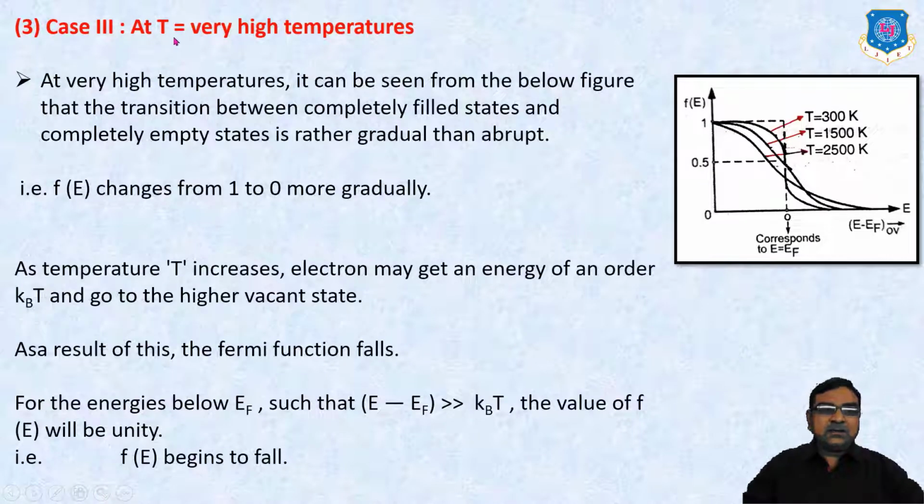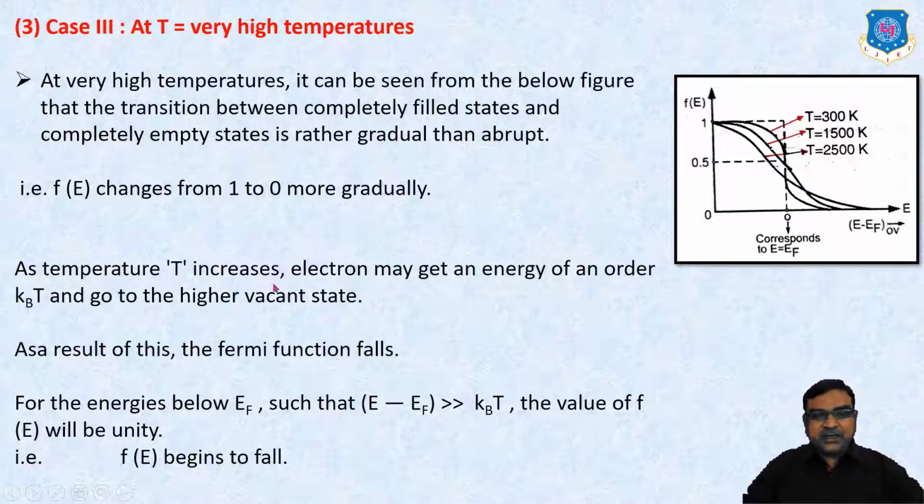Case 3, when the temperature is very high. At very high temperatures, it can be seen from the below figure that the transition between completely filled states and completely empty states is gradual rather than abrupt. So f(E) changes from 1 to 0 more gradually.